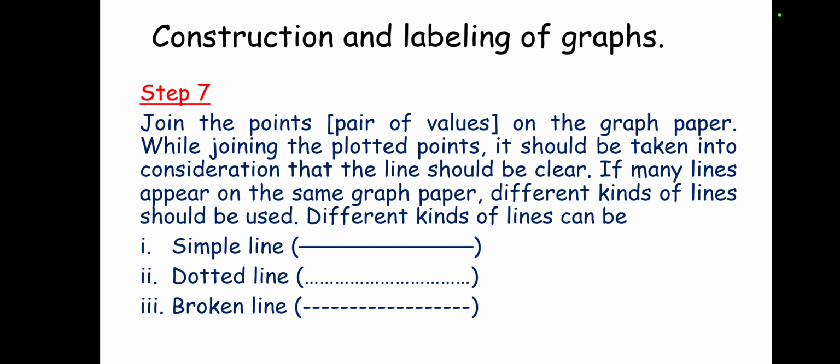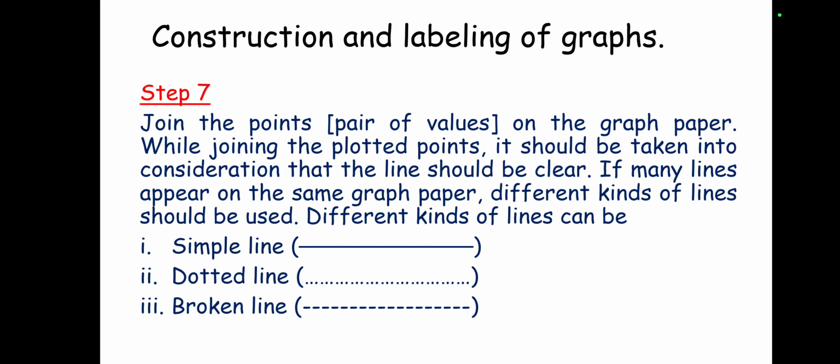Join the points, that is pair of values, on the graph paper. While joining the plotted points, it should be taken into consideration that the line should be clear. If many lines appear on the same graph paper, different kinds of lines should be used. Different kinds of lines can be a simple line, dotted line, or broken line.